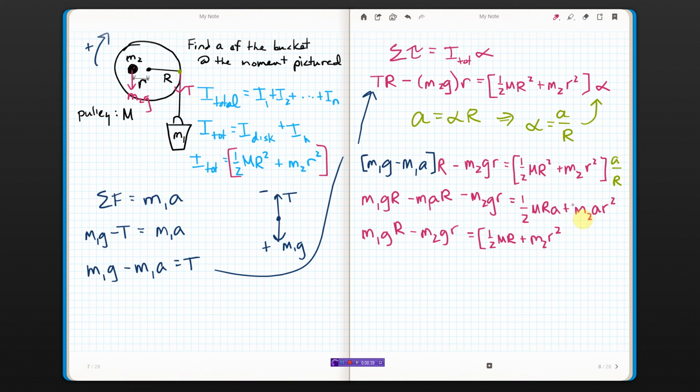This needs to join up over here and it's being added, so it'd be M1 big R, and then I factored out an A of all those terms, and then this just needs to be divided over there.